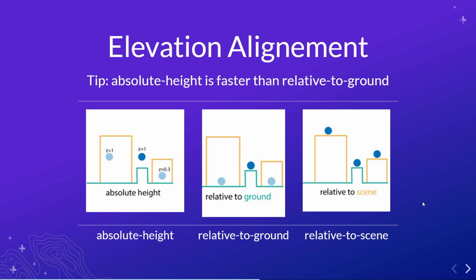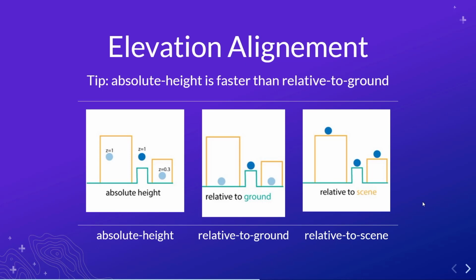There is relative to ground, which will align the z-values of your data to coincide with the ground elevation at any given point. In order to do so, for every data point, we need to sample the ground elevation, which might introduce a noticeable performance penalty for large data sets.